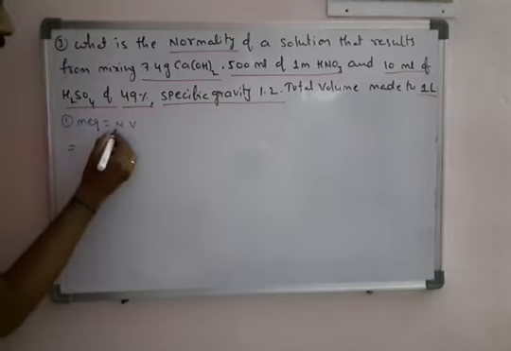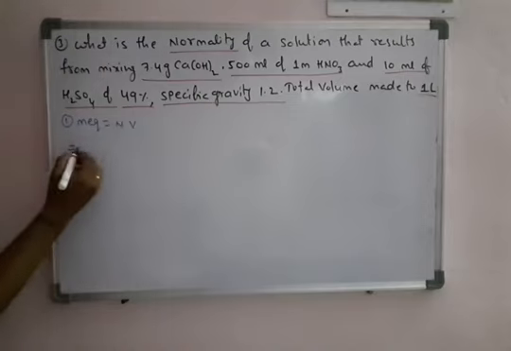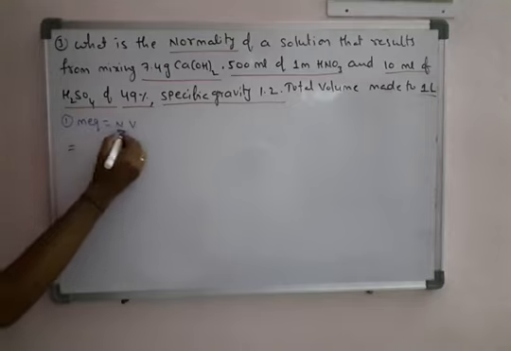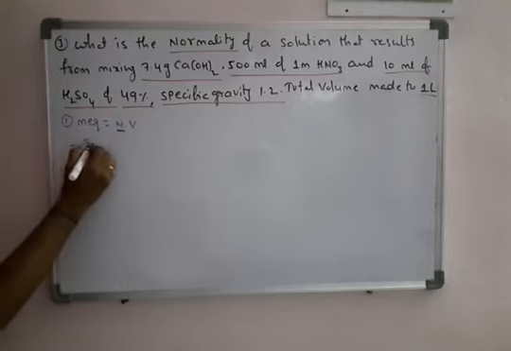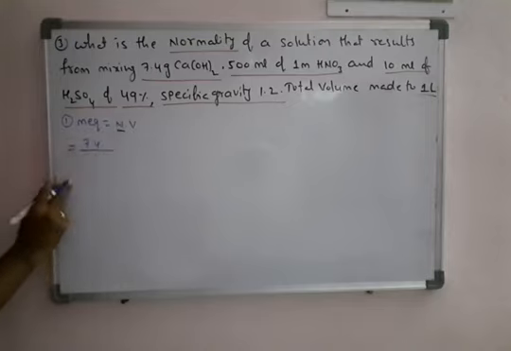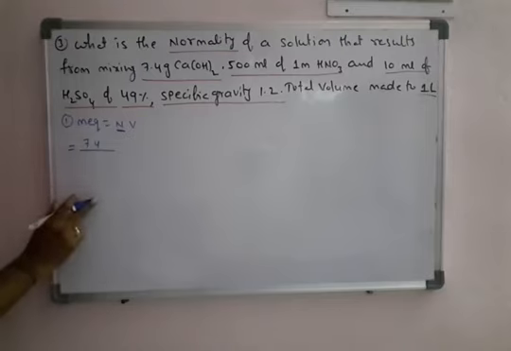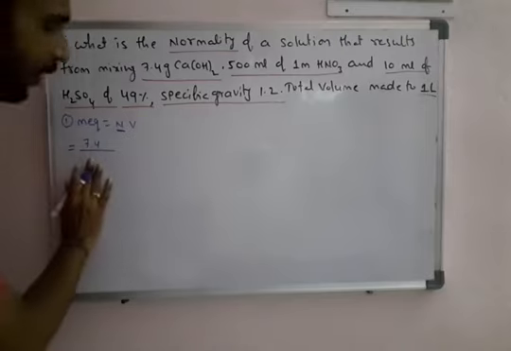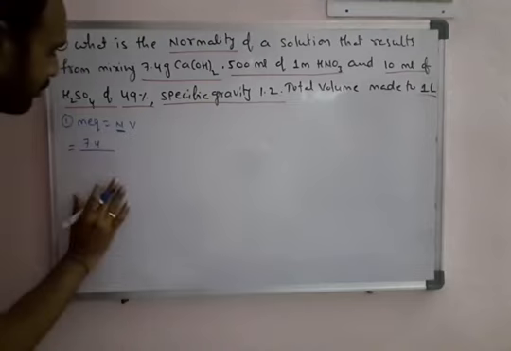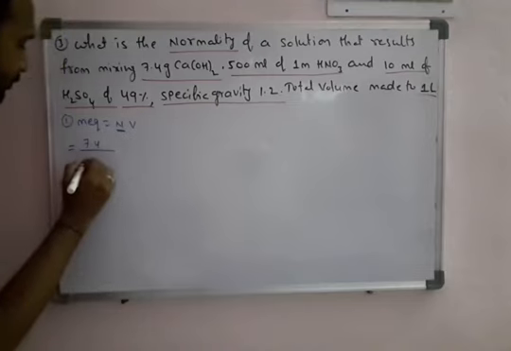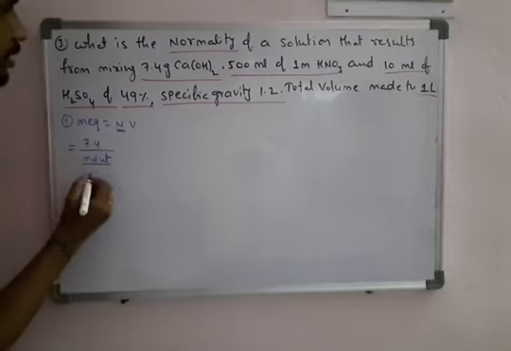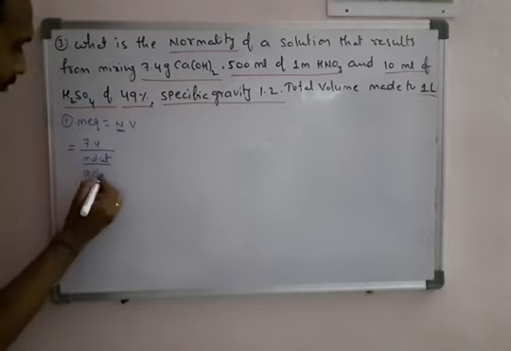Normality is not given. We know the formula for normality: weight by equivalent weight into 1000 by volume in milliliters. Equivalent weight means molecular weight by acidity, since it's a base, we need to write acidity.